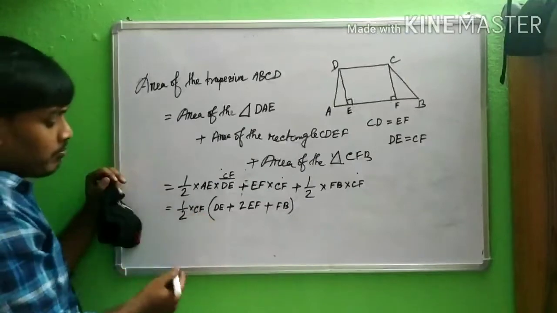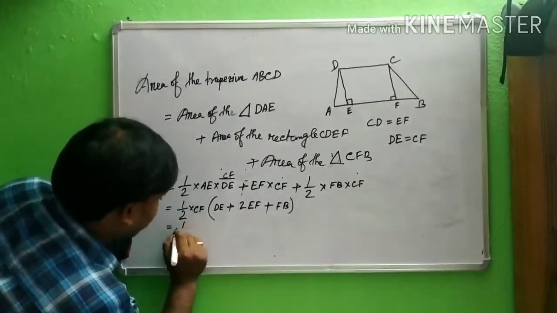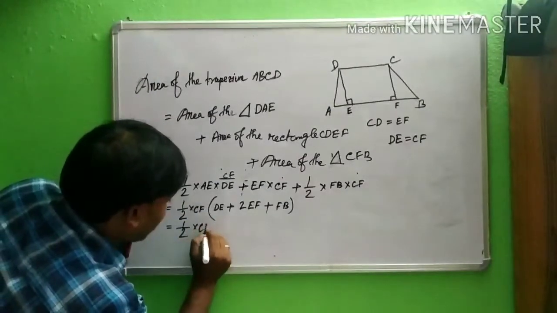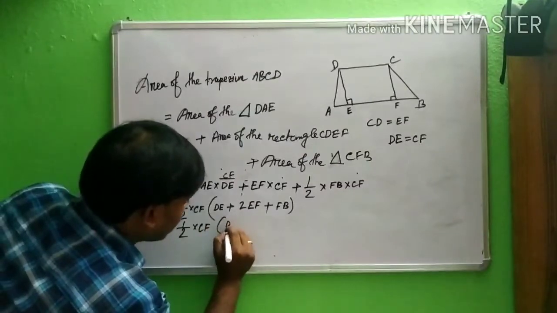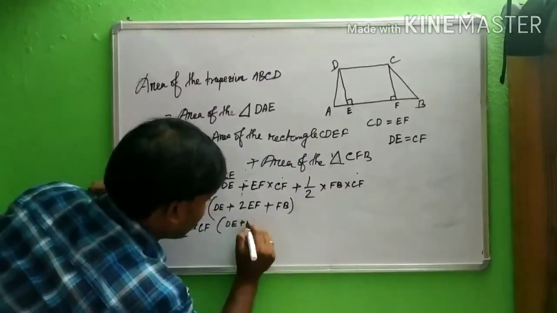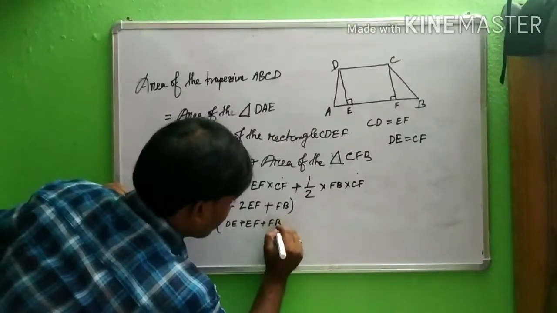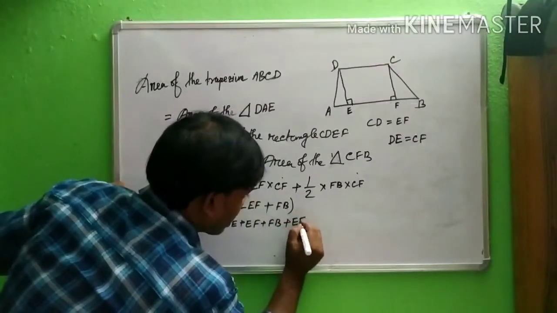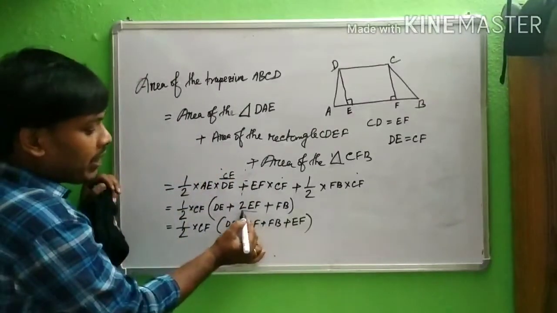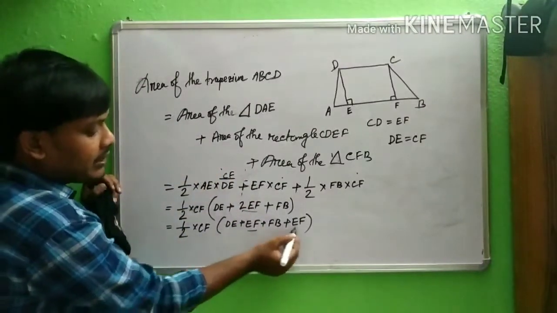Okay, so it can be written as CF times DE plus EF plus FB plus EF, 2EF plus, that means EF plus EF.